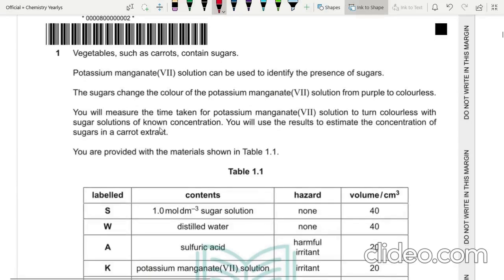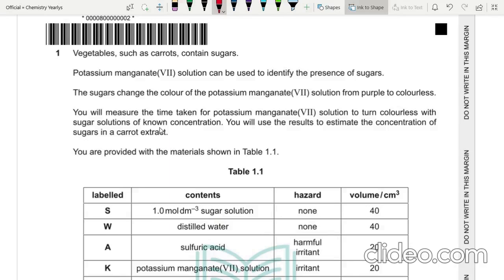The first question says, vegetables such as carrots contain sugar. Potassium permanganate solution can be used to identify the presence of the sugar. Most of the sugars are actually reducing sugars, so they can carry out a reaction known as reduction and can reduce the oxidizing agent potassium permanganate. So we would probably be identifying this trend in this question.